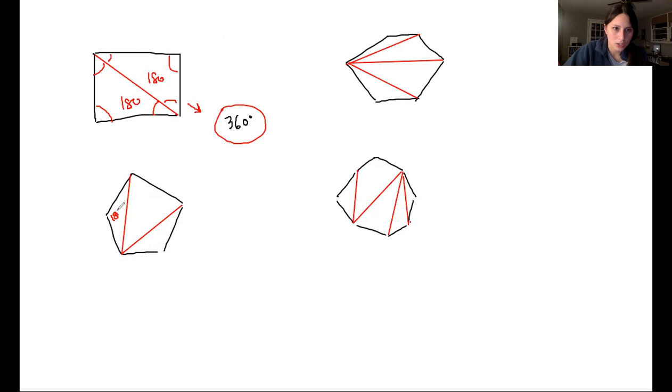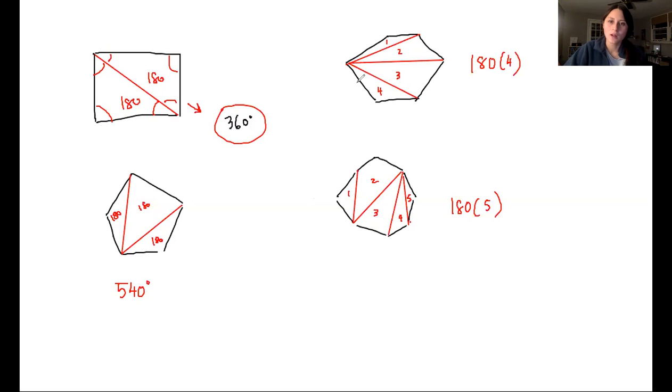I've got an 180 here, 180 here, 180 here. So I could do 180 times 3, and that would be the amount of degrees for this pentagon. So 540 degrees. Okay, I've got 1, 2, 3, 4 triangles. So it's going to be 180 times 4. Right here, I've got 1, 2, 3, 4, 5. So that's going to be 180 times 5.